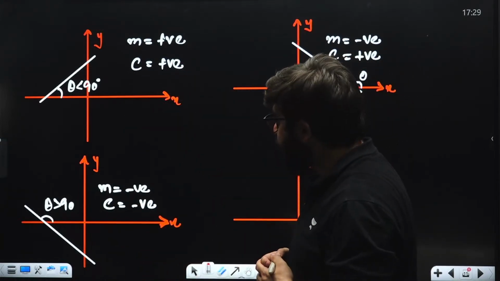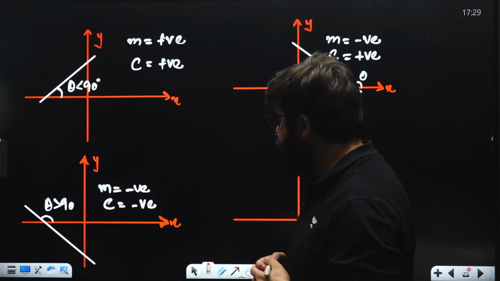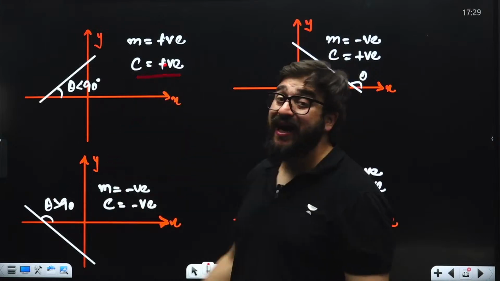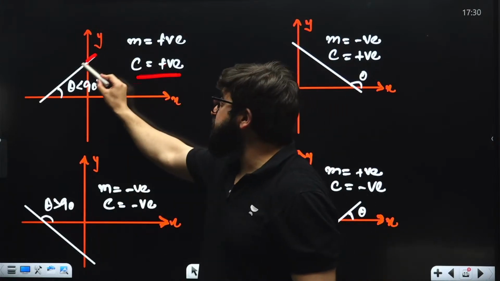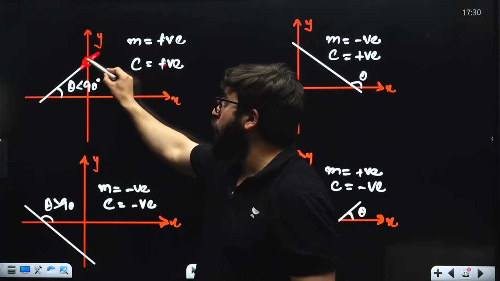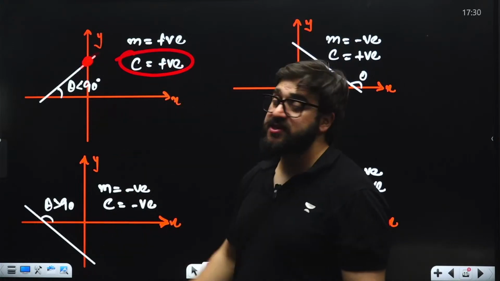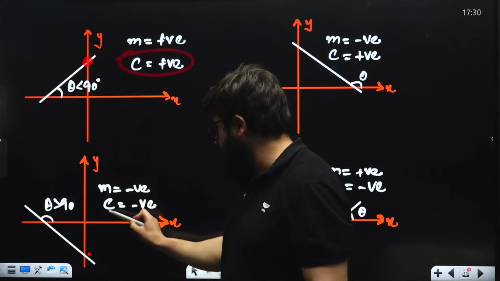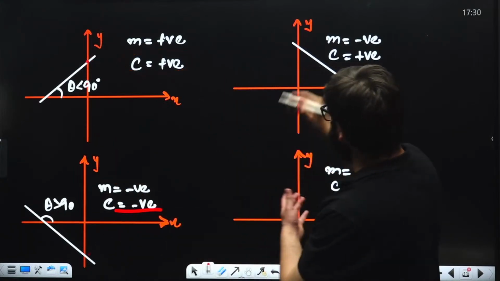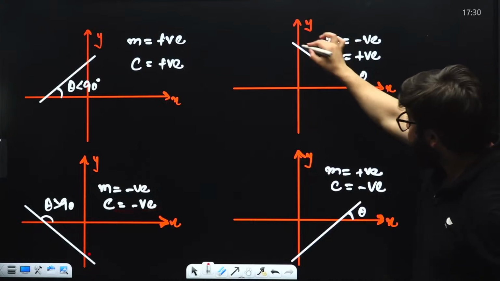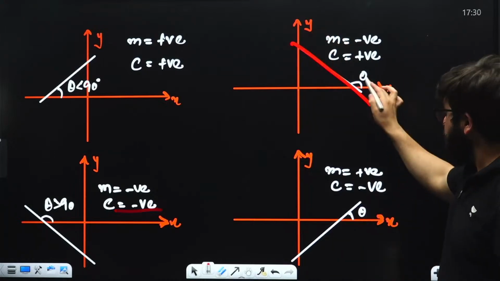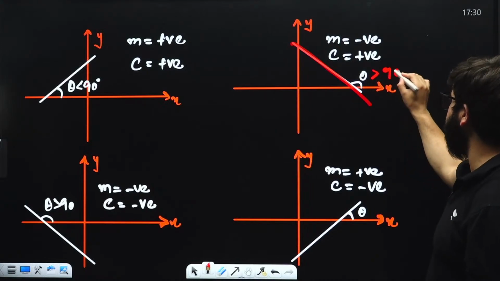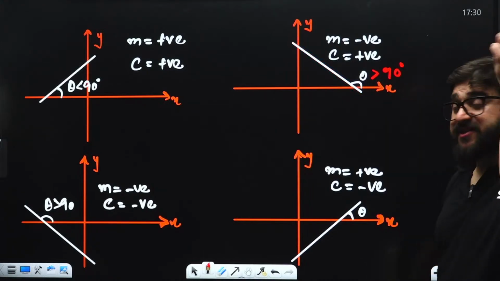Next, what is this c? C means where the line cuts the y-axis. It is positive at a positive point, so in this case c, this is the intercept, is positive. If it were like over here, c is negative. Now tell me, in this particular case, if the line graph is something like this, theta is greater than 90 and less than 180.